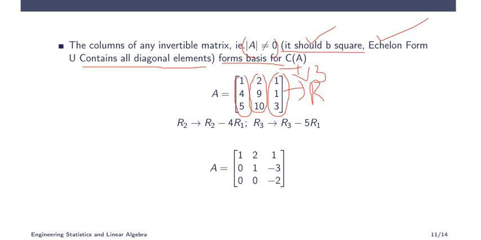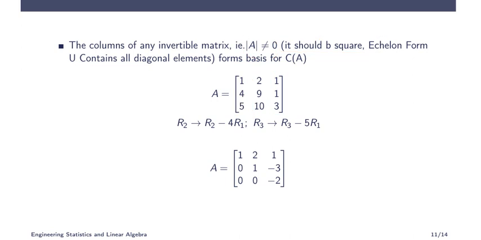Now if you do the row reduced form, R2 becomes R2 minus 4 R1 and R3 becomes R3 minus 5 R1, because here 4 is there, so I have to multiply R1 by 4, and here 5 is there, so I have to multiply by 5. So 4 minus 4 times 1 will be 0.